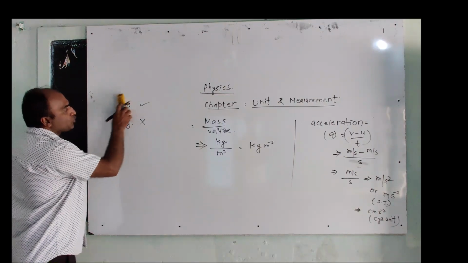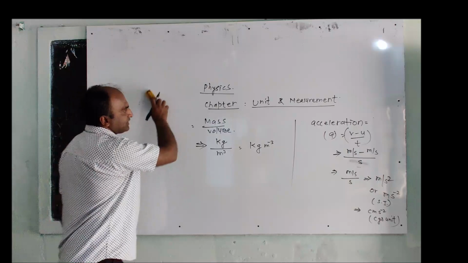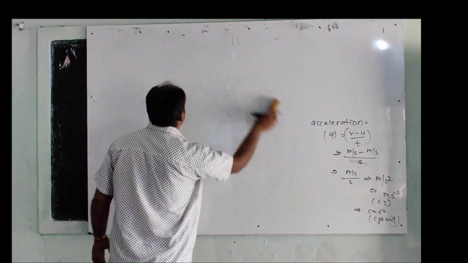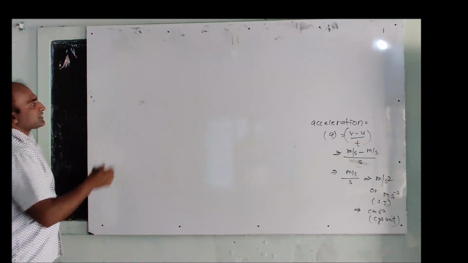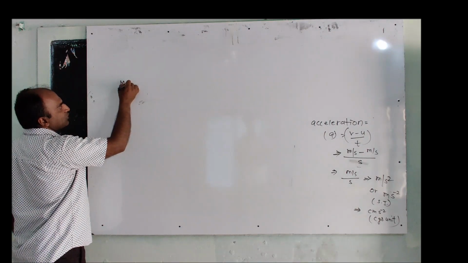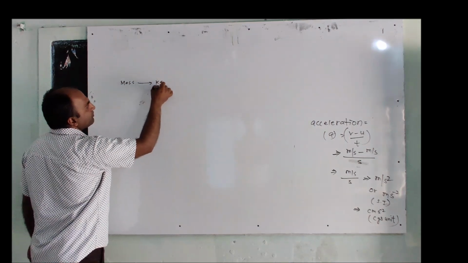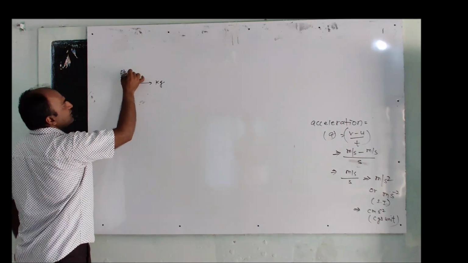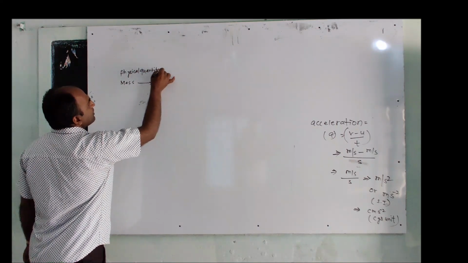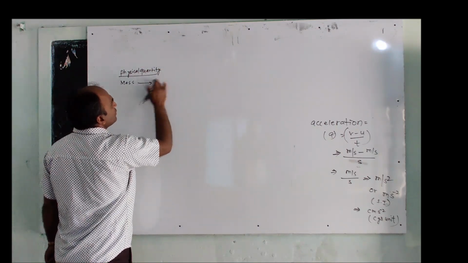And here, how to find the unit of any physical quantity? Just like suppose we know that the unit of mass is kilogram. This is the physical quantity, and here are units.